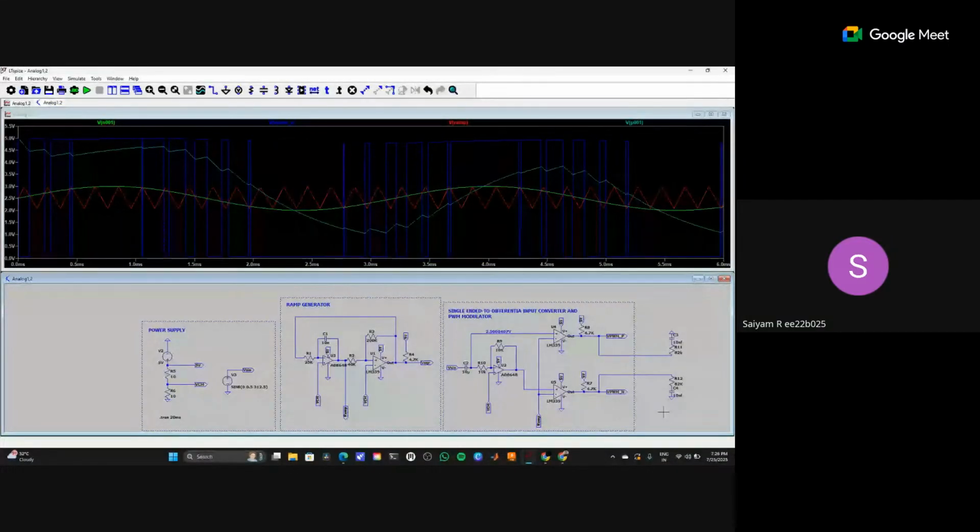And what is your input frequency? Input frequency from where, in V sign or where? Analog input basically, V in A. Yeah, analog frequency is 312.5 hertz. Okay, that is fine. But did they mention any analog frequency?